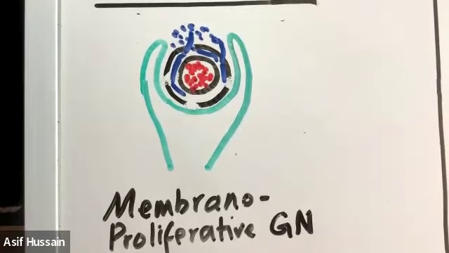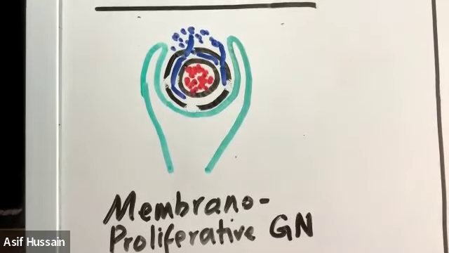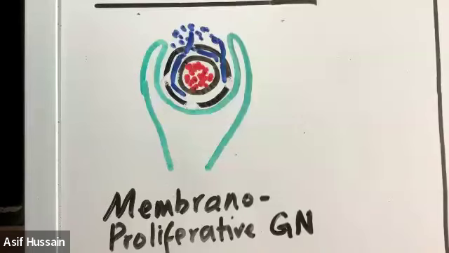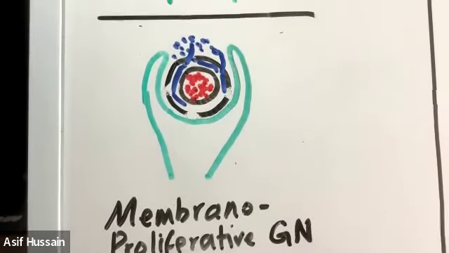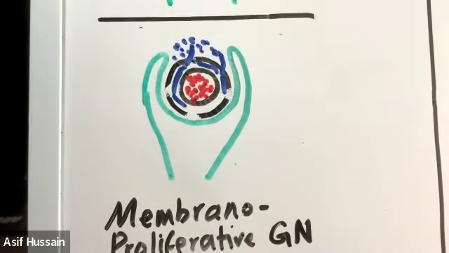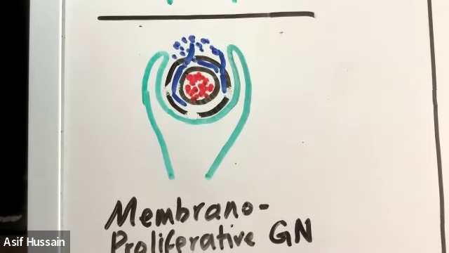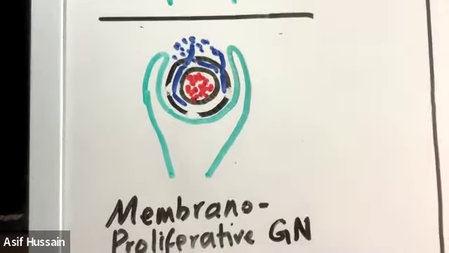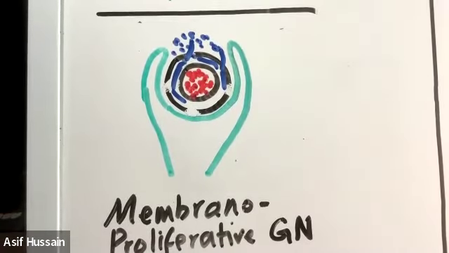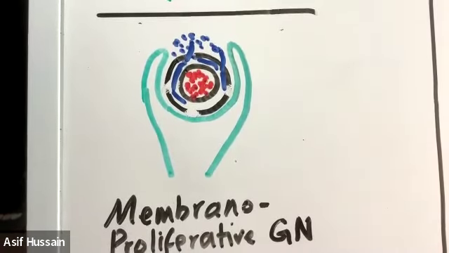In some cases, there may be subepithelial deposition as well. There are basically three types of immune complex mediated MPGN. Type 1 is subendothelial and mesangial deposition. Type 2 is predominantly basal membrane. And type 3 is predominantly subepithelial deposition in addition to the subendothelial as well.